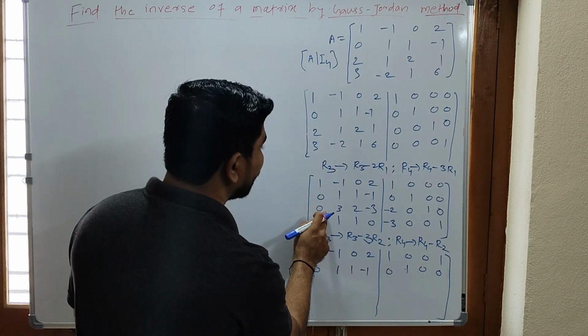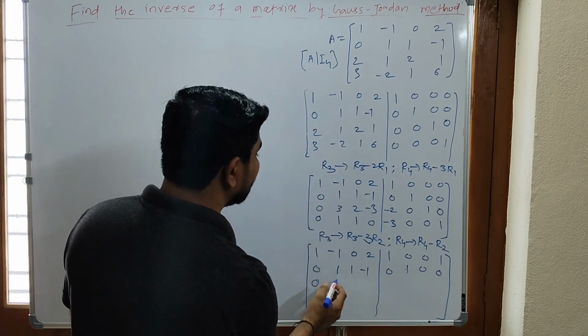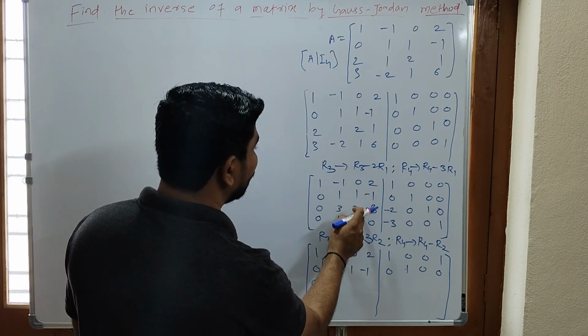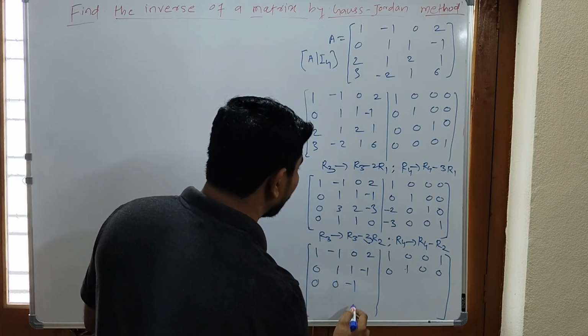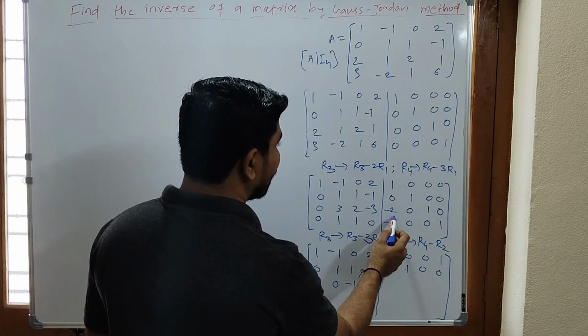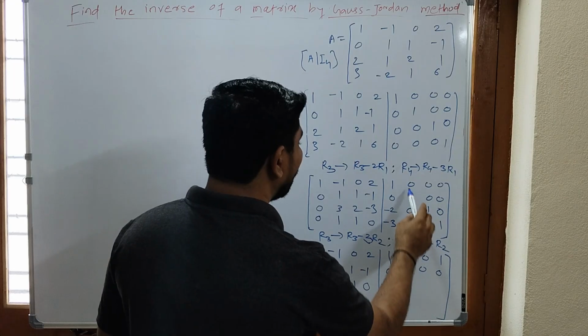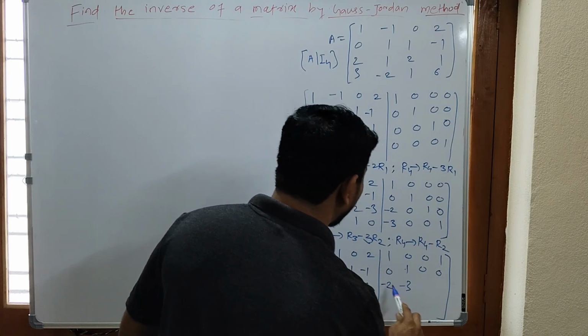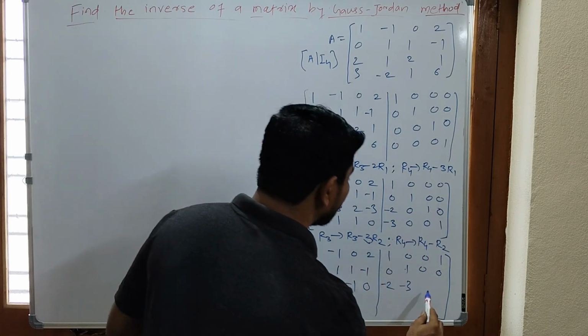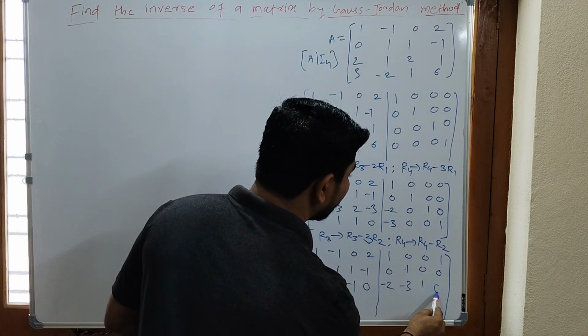Now tell me here 0 minus 3 times 0, here 0, 3 minus 3 times 1, here 0, 2 minus 3, that is -1, -3 plus 3, this is 0, here 2 minus 3 times 0, -2, 0 minus 3, here simply -3, 1 minus 3 times 0, here simply 1, here 0 minus 0, direct 0.